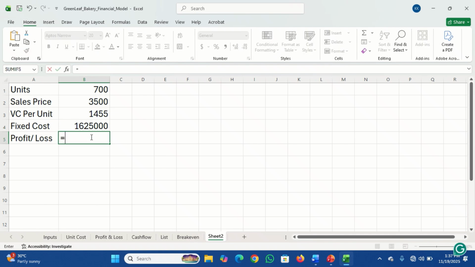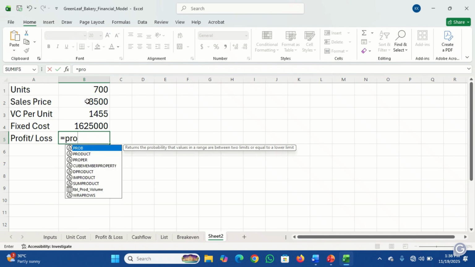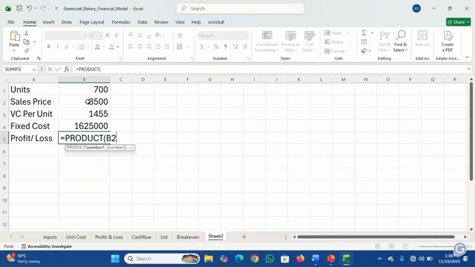Equals, product of sales price minus variable cost, times 700 units, then minus fixed cost.